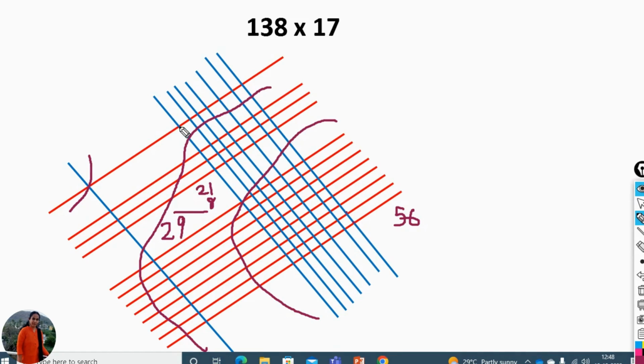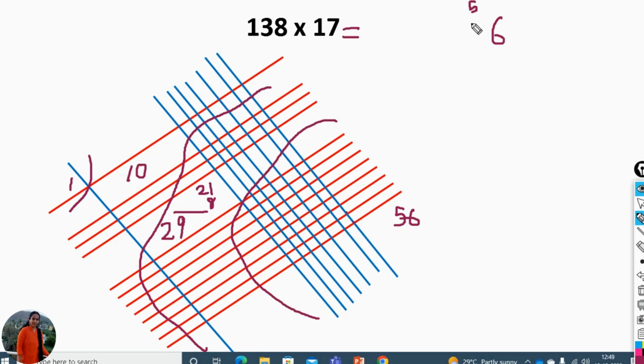So next is zone 3. 1, 2, 3, 4, 5, 6, 7, 8, 9, 10. So the answer here is 10. Here 1 intersecting point. So let us check. For ones place, the value is 56. So I write 6 here. Balance is 5. Here we got 29.